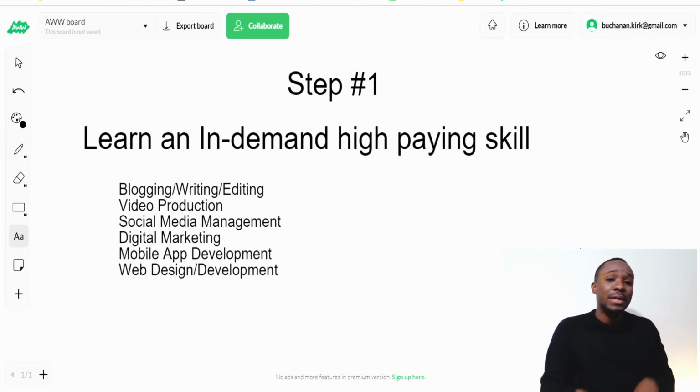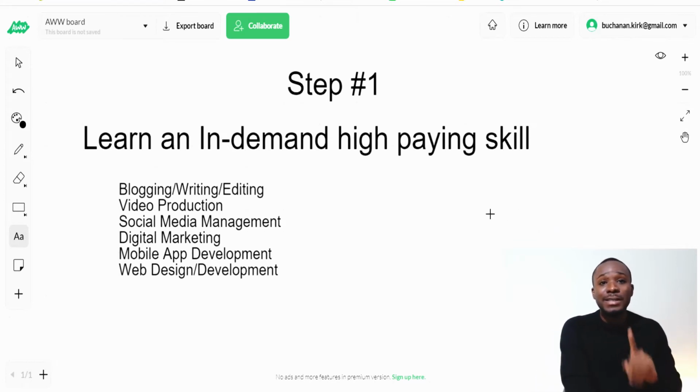Think of any business you can think of. Without people, those businesses would not have been able to make money. So that is what the internet does for us. It allows us to connect with more people in more countries easily, 24 hours per day. So I do want you to fully understand that, and that will put you in the frame of mind of how to actually go about using this internet to actually make money.